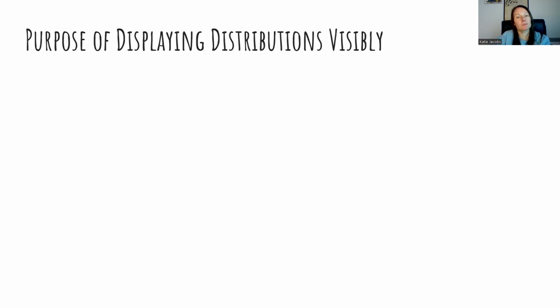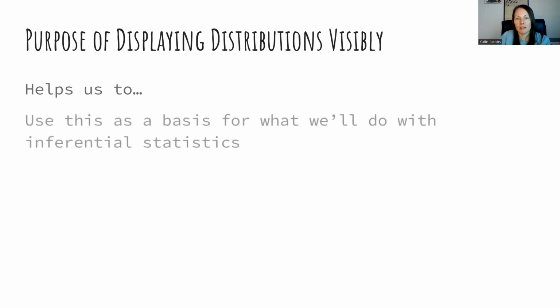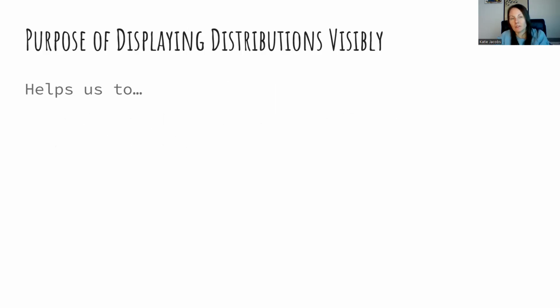So the purpose of displaying these distributions visibly is that it helps us do a whole lot of things. Specifically, it helps us see if the shape of our distribution follows the normal curve. In the future, when we move on to inferential statistics, that's going to be one of those things you have to have with your data set before you can do some of these analyses that we're going to learn.